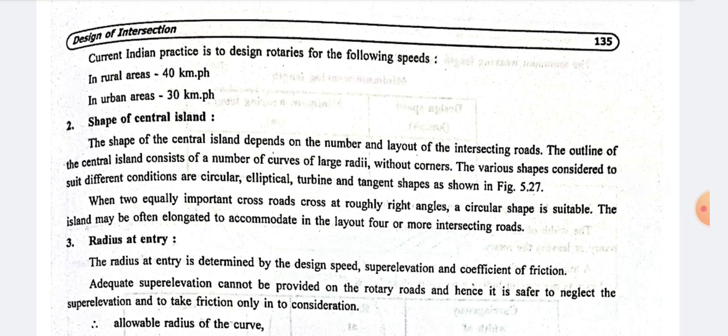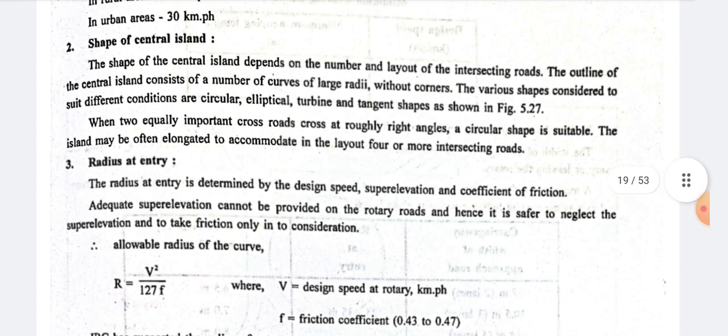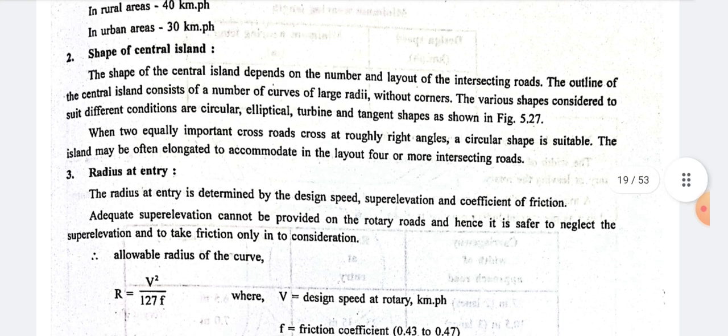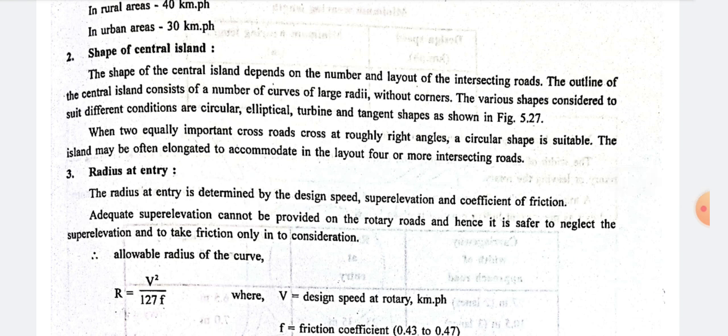Now, the second element for a rotary is the shape of the central island. The shape of the central island depends on the number and layout of intersecting roads. The outline of the central island consists of a number of curves of large radius without corners, and various shapes are considered suitable, like circular, elliptical, turbine, or a tangential shape.